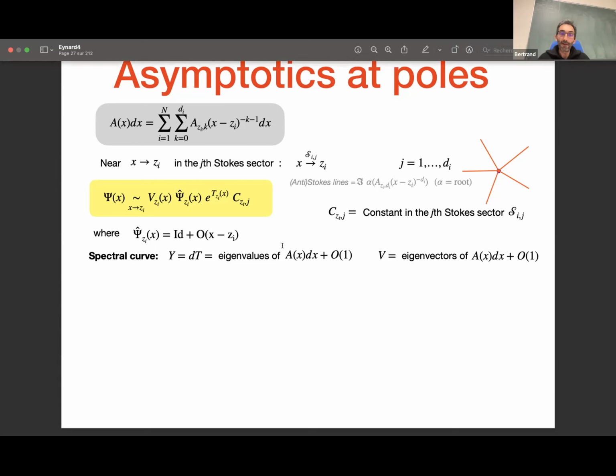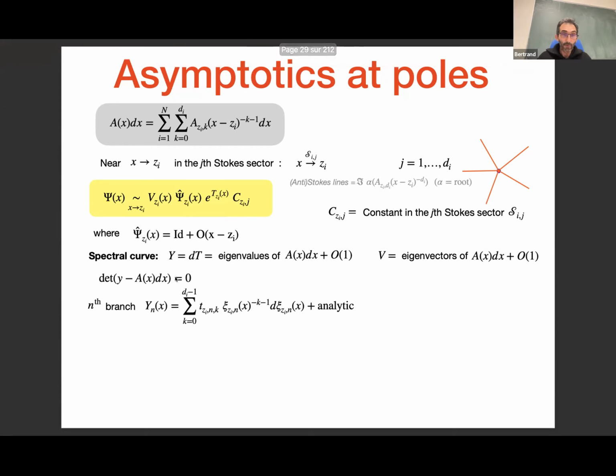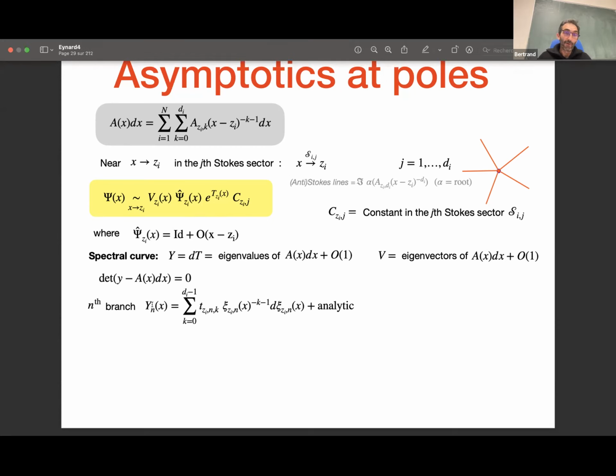So let me define Y to be the eigenvalues of A of x dx, and V will be the matrix of eigenvectors corresponding to it. How do you find the eigenvalues? One way is to solve the characteristic polynomial equation. This has several solutions, several branches. Let me call them Yn, and you expand them at x very close to zi as a Laurent series.